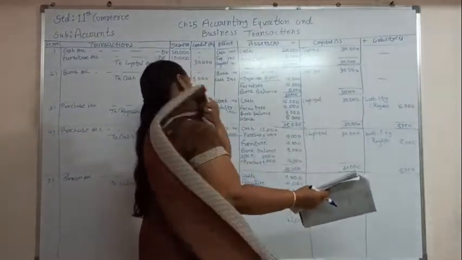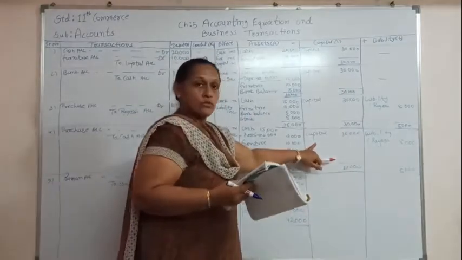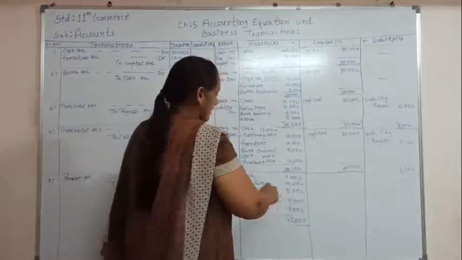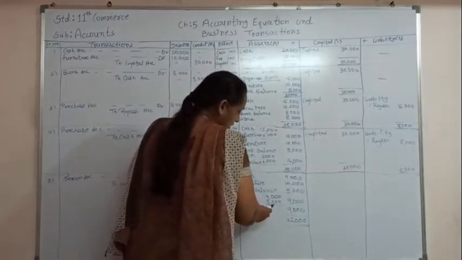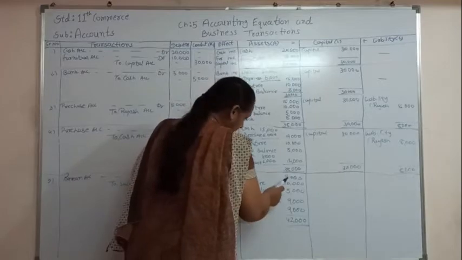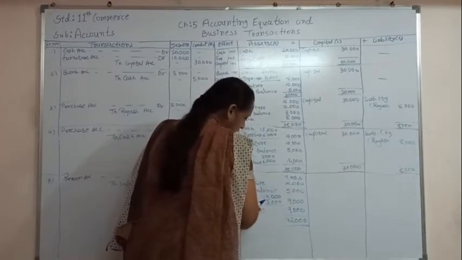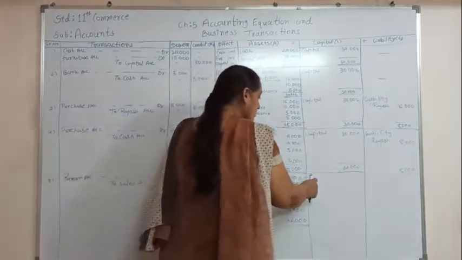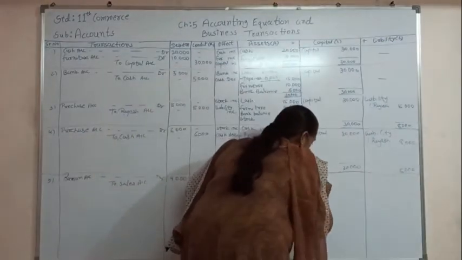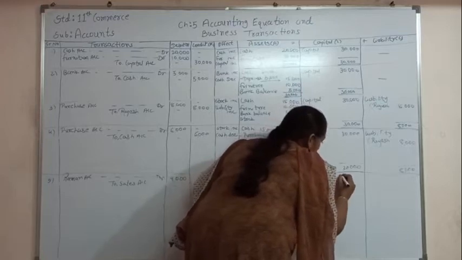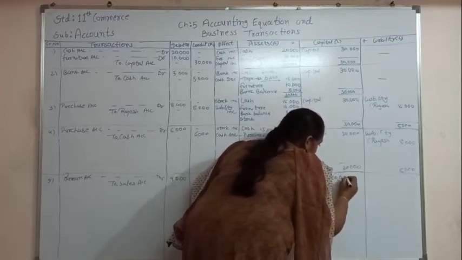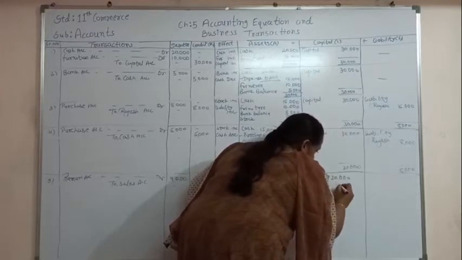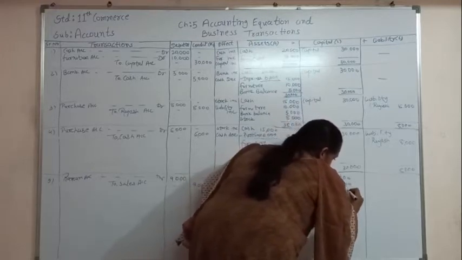And now in capital also we are going to add the profit portion. That profit portion will be 4,000. Here we have sold the goods for rupees 9,000, but the goods is of rupees 5,000. So the difference is 4,000. That 4,000 we are going to add here in the capital account. So capital is of rupees 30,000 plus profit of rupees 4,000, so that is going to be 34,000.